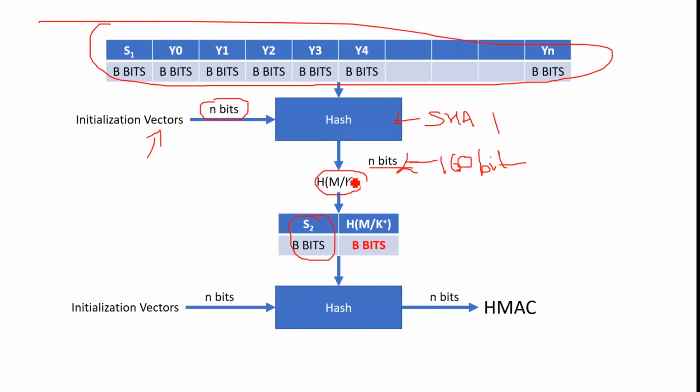How do we do that? We just append zeros at the left. That is it. Just like we made K plus, we are making this too. So we convert this into B bits by appending zeros on the left.